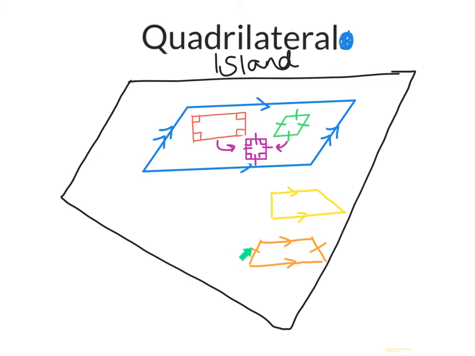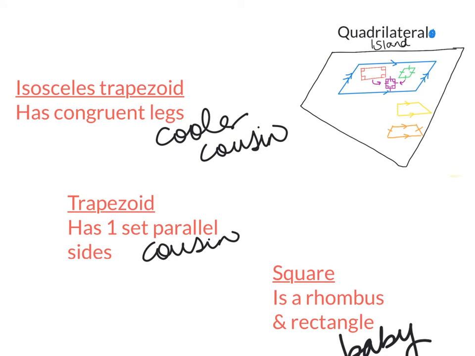Remember, isosceles triangles have 2 legs that are congruent? Well, isosceles trapezoids are the same. They have 2 legs that are congruent. And the same kind of rules that go along with angles being congruent are true. But in general, these are your 2 cousins, right? All right, so there are your notes, your isosceles trapezoid and your trapezoid, right? Your cousin and your cooler cousin. Again, still all part of the island.